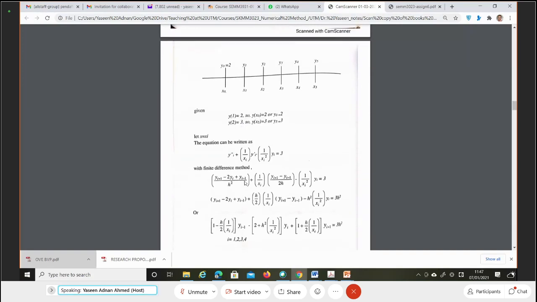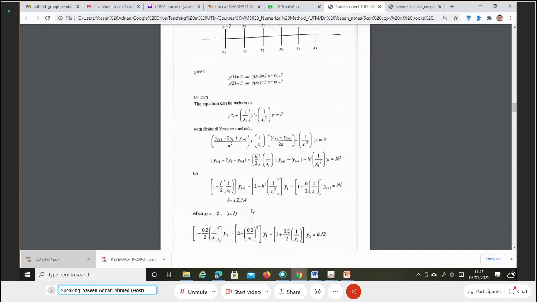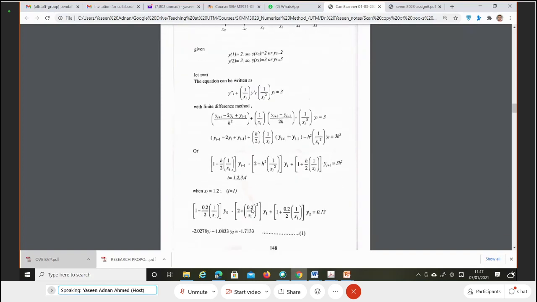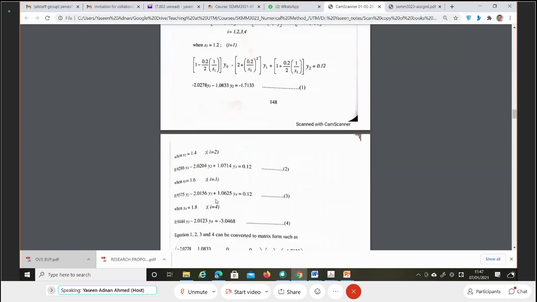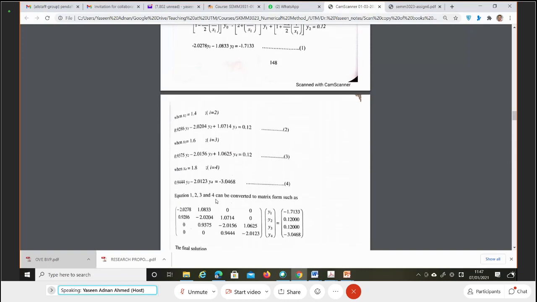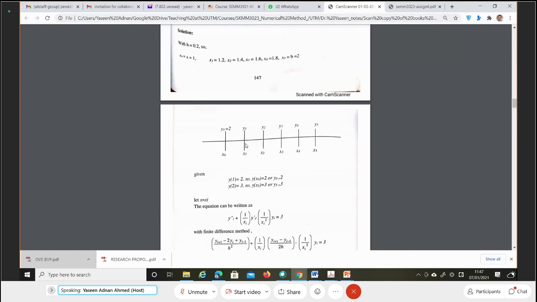Okay, so after you substitute the value, you have some general equations, in terms of y_i, y_{i+1}, y_{i-1}, something like that. And then you have this general formula. Then you just put the values. So we have 4 points. So you need to understand that you have 1, 2, 3, 4.